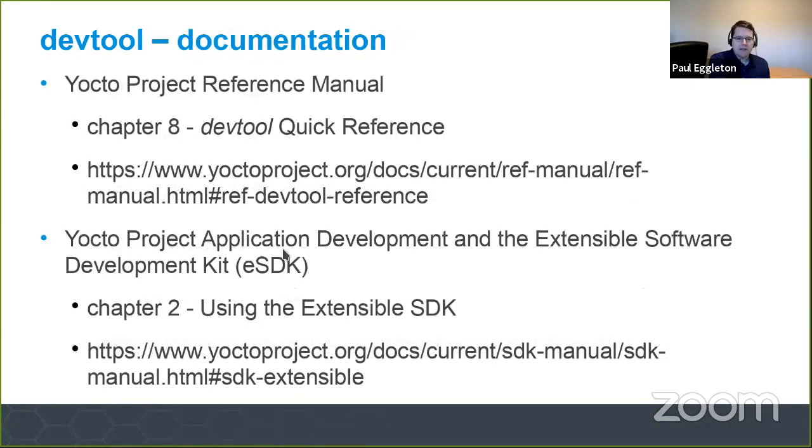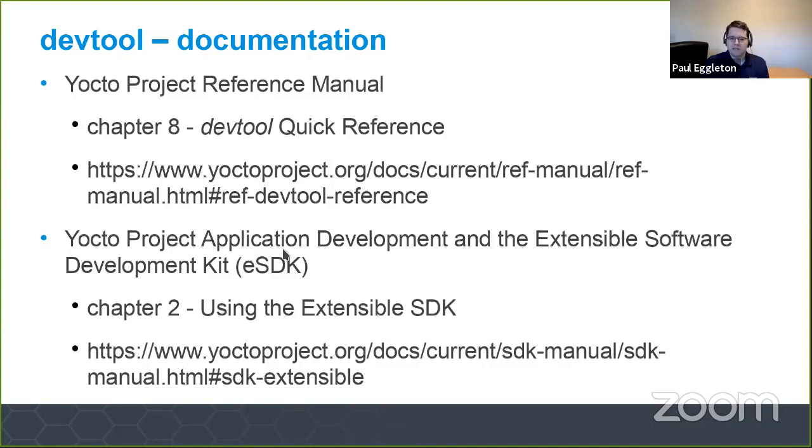So documentation, it's fairly well covered in the documentation. There is a slight quirk in that the in-depth devtool documentation is to be found in the SDK manual. This is sort of a little bit of a battle we've had, is to try and avoid duplication. So don't be confused by that.